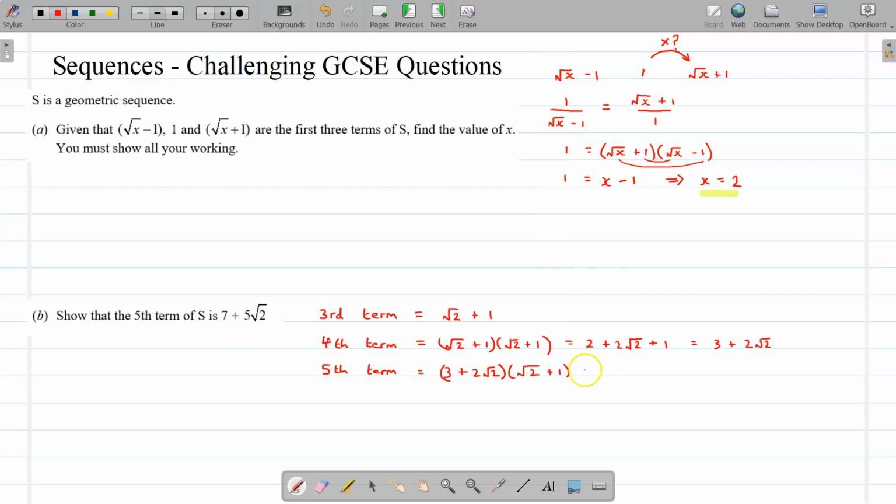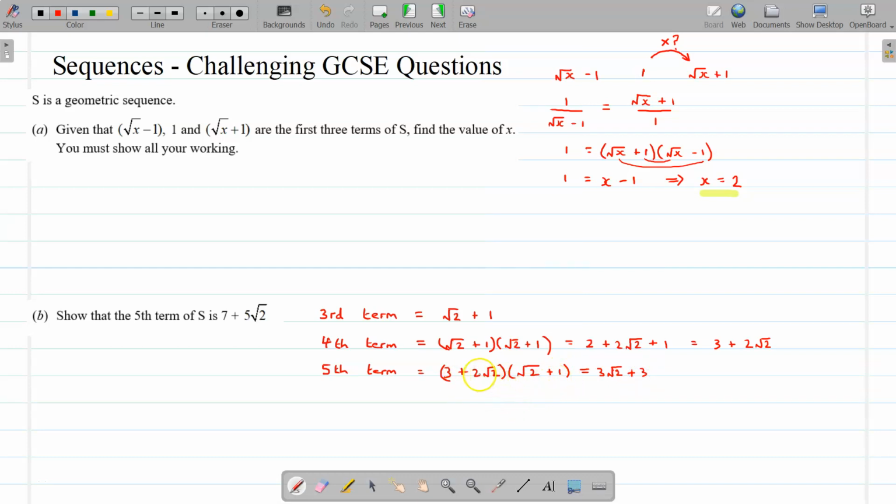And again using FOIL, first, outer, inner, last. The first term, 3 times root 2 is 3 root 2. The outer term is 3 times 1, which is 3.